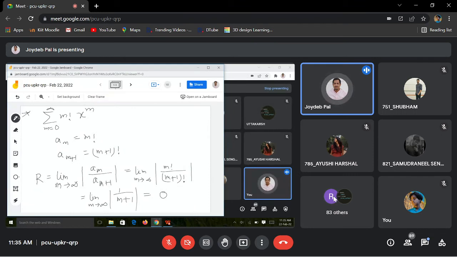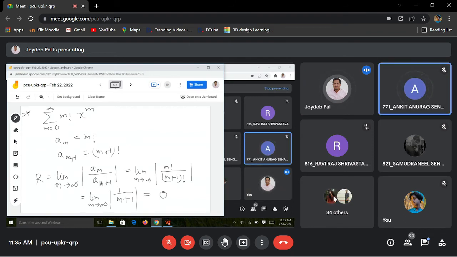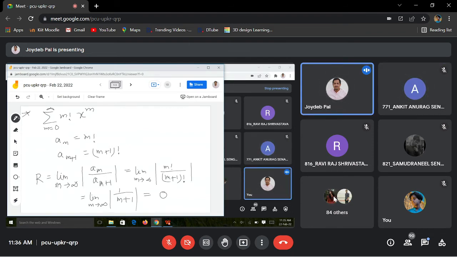As a summary, I can conclude that the series converges only at 0. So never say that radius of convergence 0 means the power series does not converge at any point. Do you get it or not? Radius of convergence 0 means it will converge at a single point, which is the center.